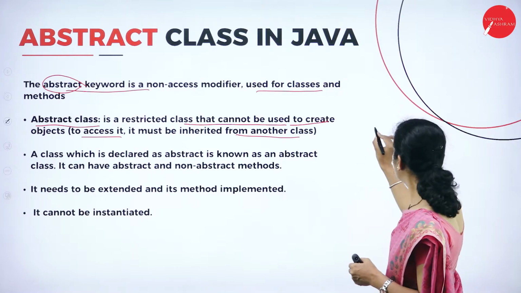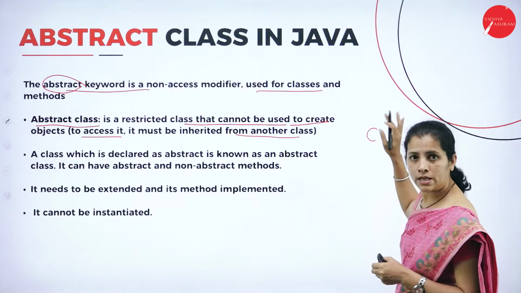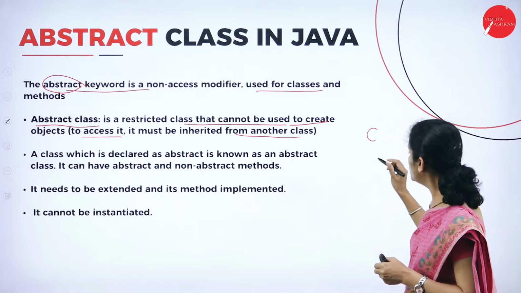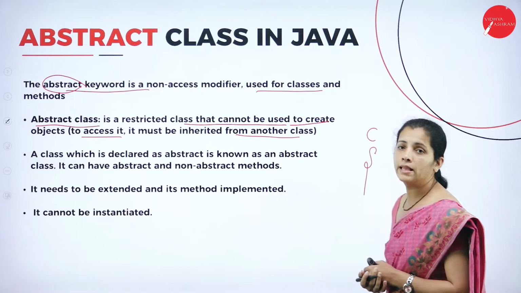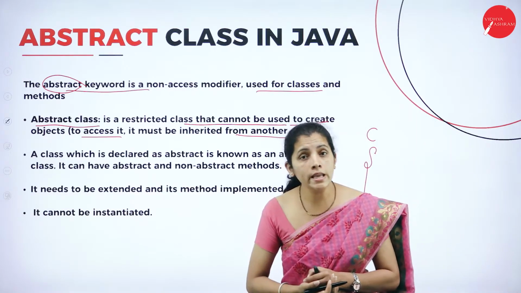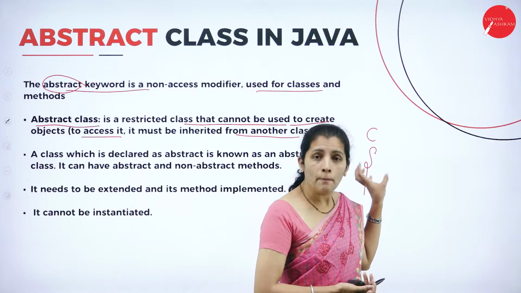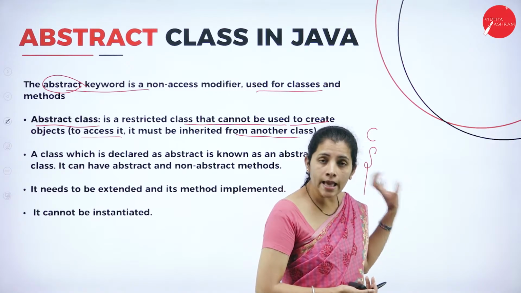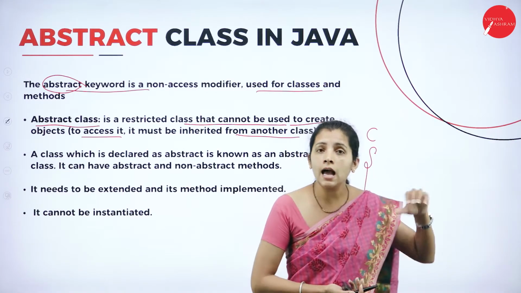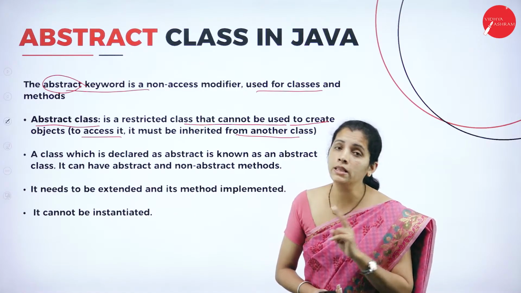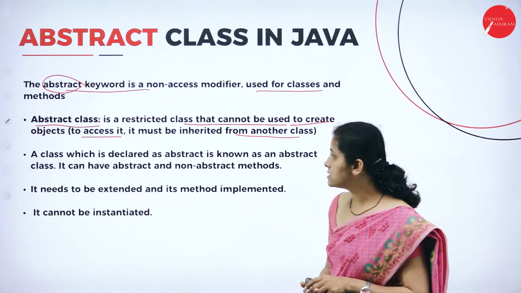So first I'm going to create an abstract class, and if I want to make use of the methods as well as variables which are present in my abstract class, then this abstract class must be inherited by some other class.